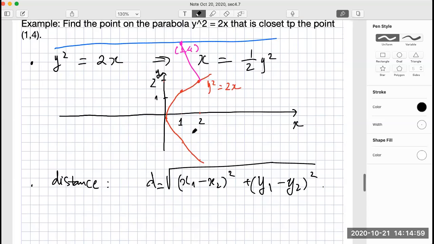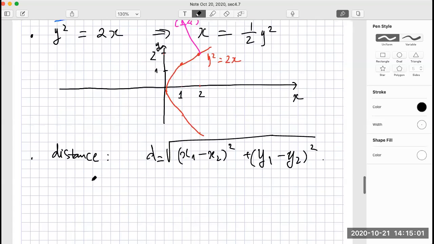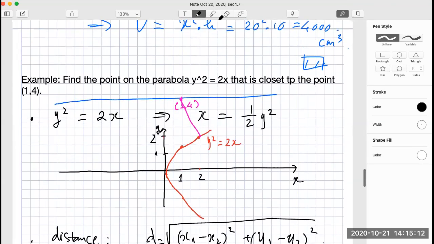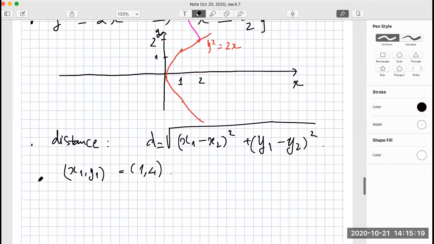Let us call x1, y1 the point 1, 4, right? We're looking for a point that is closest to the point 1, 4. We don't know what coordinate it is, but let us call it x and y. Okay?